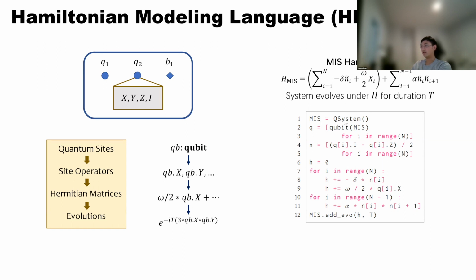First you declare a system, MIS, and you declare several qubits, which are stored in a list. These basically correspond to the qubit sites in our imagination, the booth here. Then you can define several operators that you can call in later programming. For example, the number operator is described as I minus Z over 2 for each quantum site qi.